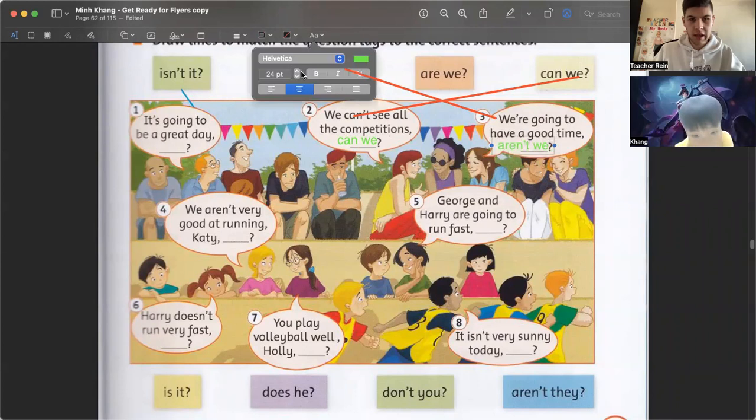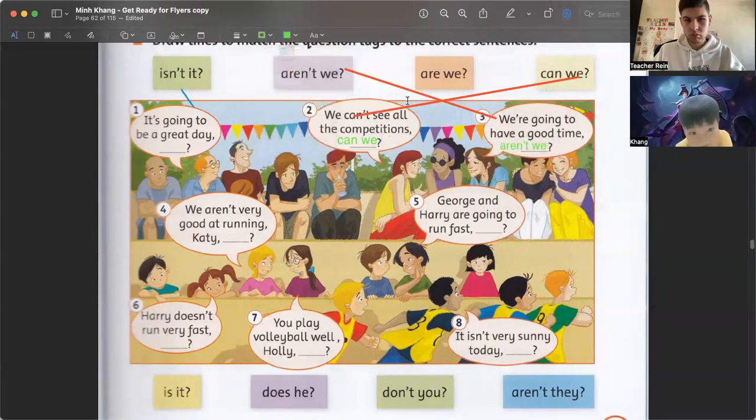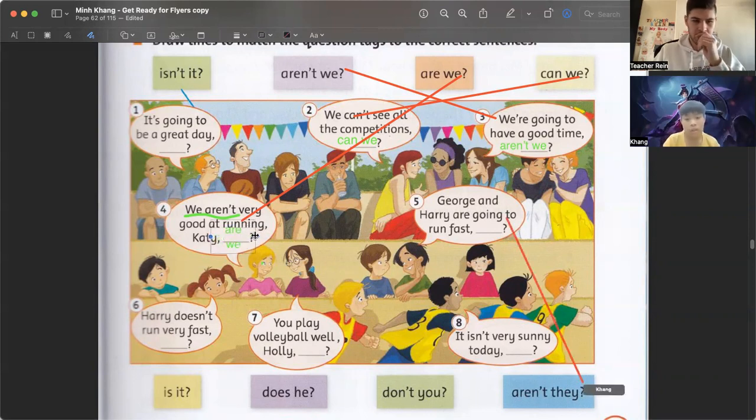I want it to be smaller. We aren't. So what would it be? Are we? There we go. Okay, can you read that for us again? We aren't good at running, Katie, are we? Very good.